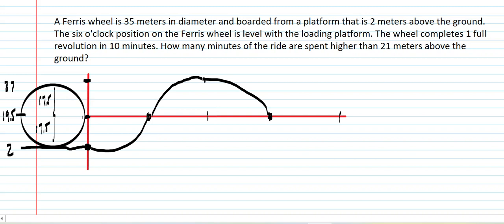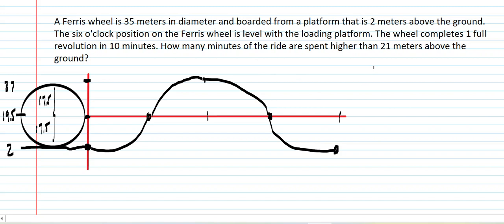And then it will reach the low point when it's made 1 complete rotation. So it will reach the low point again down here. So that is a very bad looking, but a cosine curve. And it's a cosine curve that has been flipped over the horizontal axis or the midline.